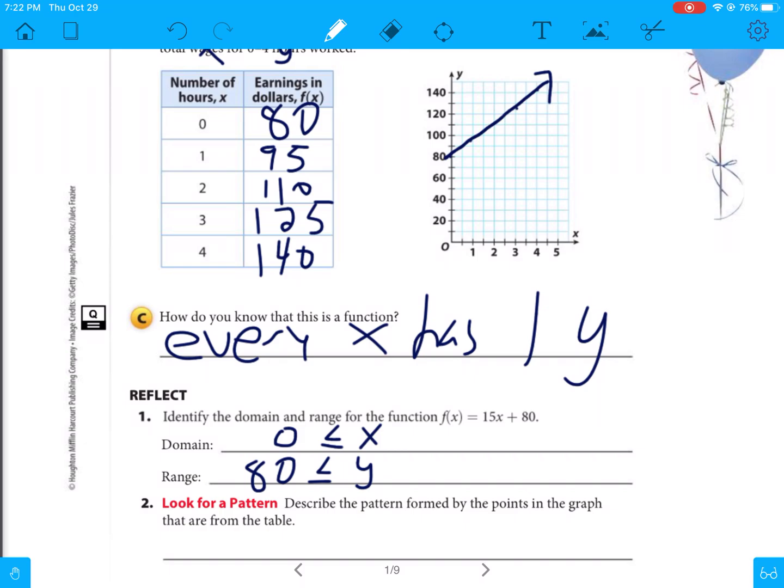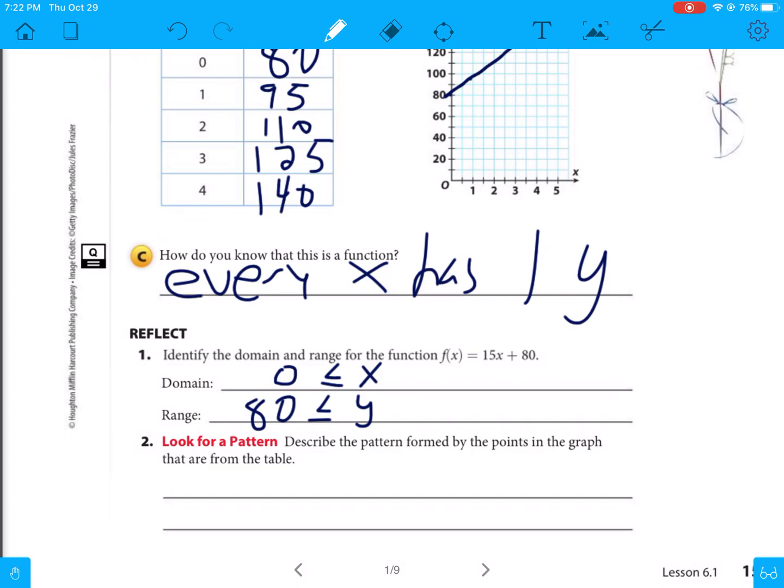Your domain is all real numbers greater than or equal to 0. So look at a pattern. They're going up by 15 each time. So your slope is 15.